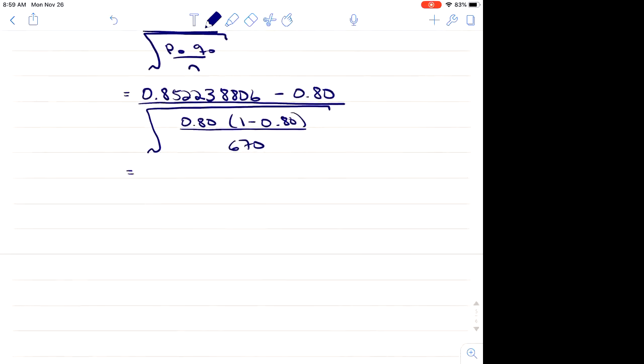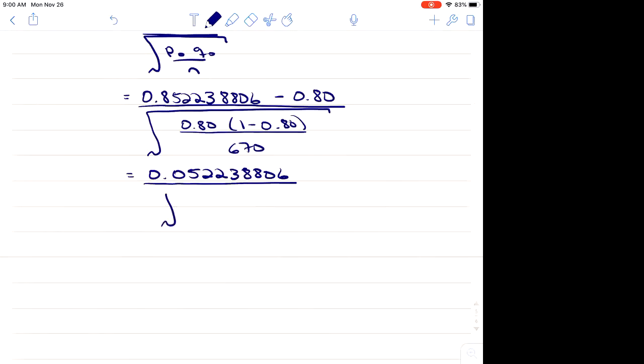I'm going to write out all my steps, or most of them, but that's just so you can check that you're calculating things correctly. Okay. So 0.0522388806 over the square root of 0.8 times 0.2, 0.16 over 670.